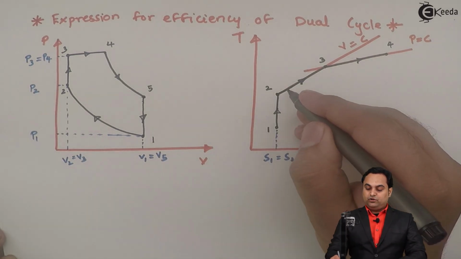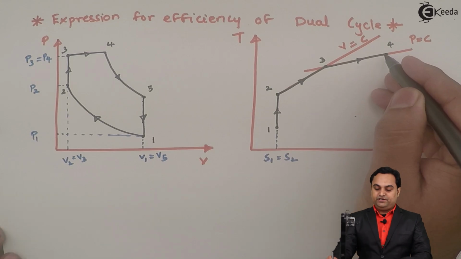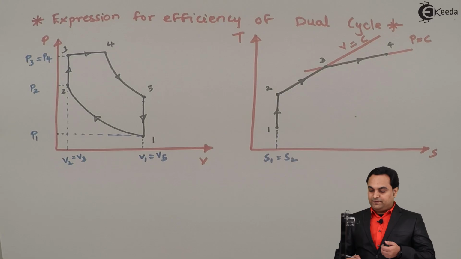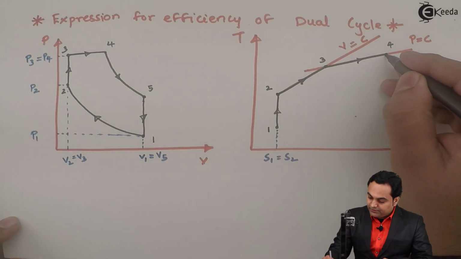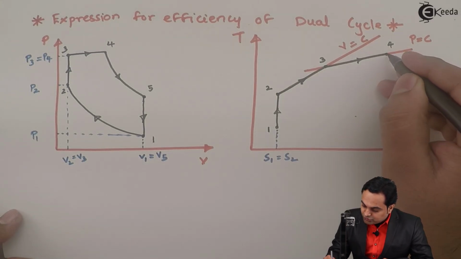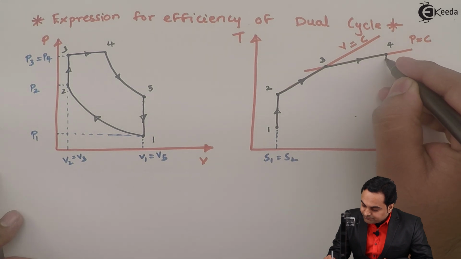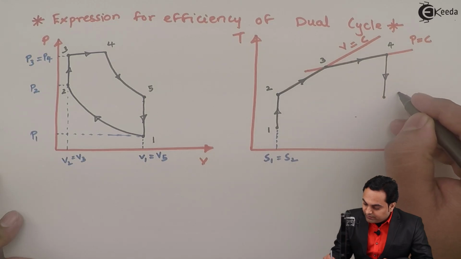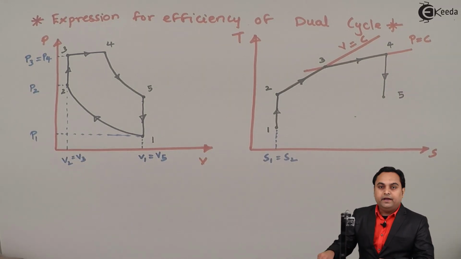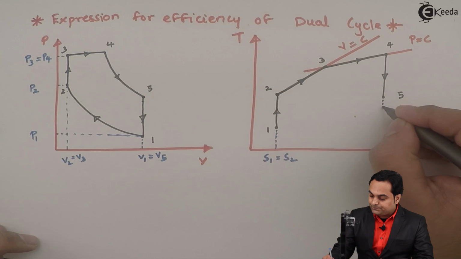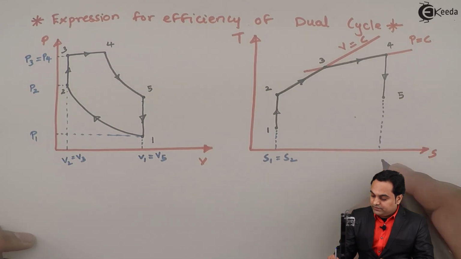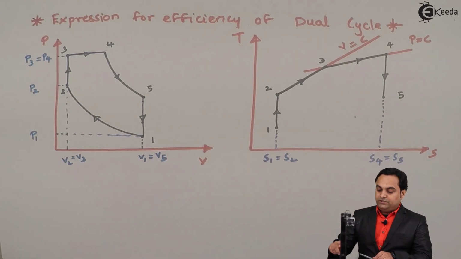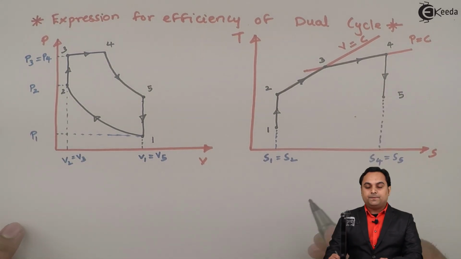So after constant volume heat addition, after constant pressure heat addition, next 4 to 5 is again isentropic expansion. So isentropic expansion, I'll show it with a vertical line, and during the isentropic expansion process, entropy remains constant, that is S4 is equal to S5, but there is drop in temperature.